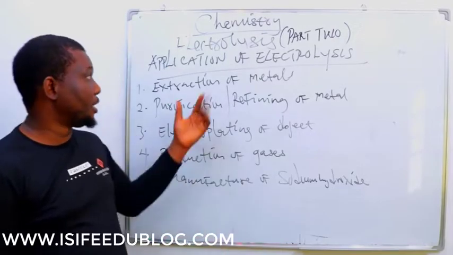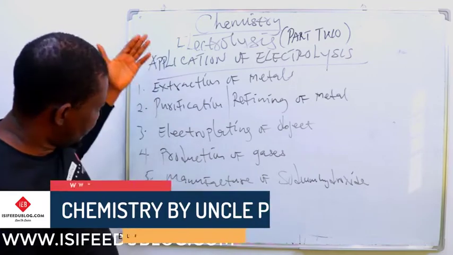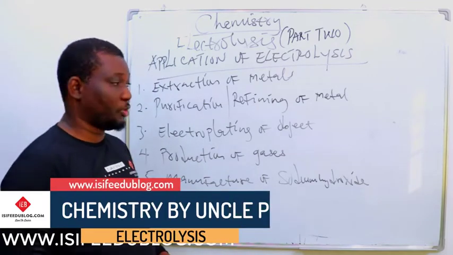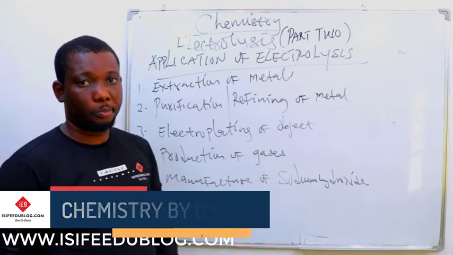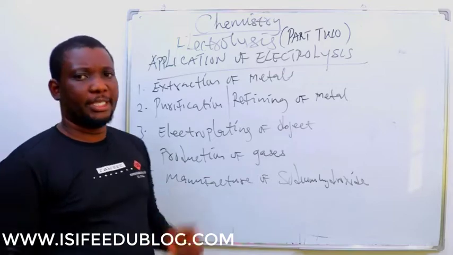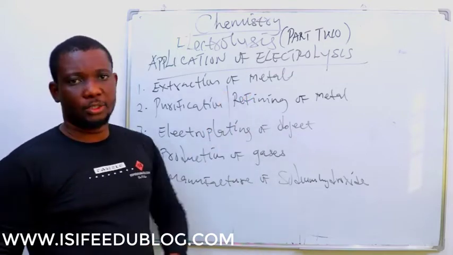Okay, look at the applications or uses of electrolysis. First, you can use electrolysis in the extraction of metals from their ore. There are metals that you can obtain or isolate from their ore using electrolysis.